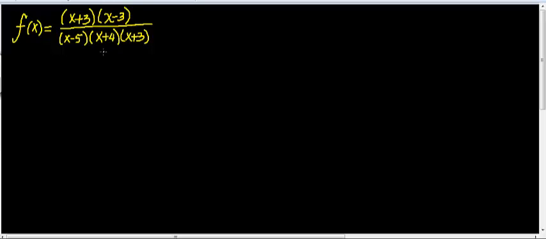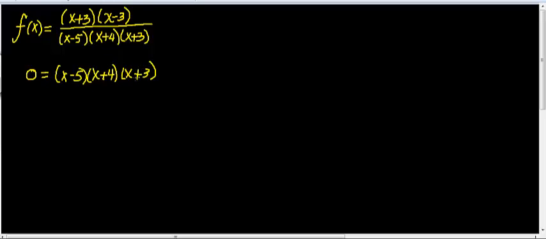Let's go through the steps though. Let's start by looking for vertical asymptotes, and to do that we set the denominator equal to 0. We write x minus 5 times x plus 4 times x plus 3.